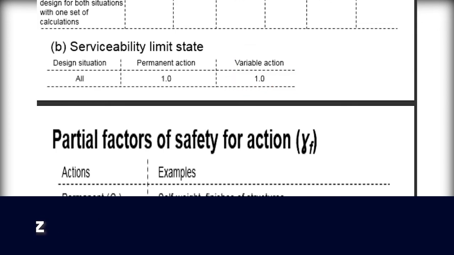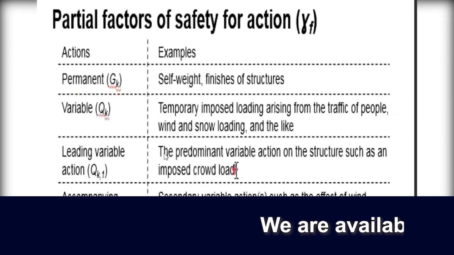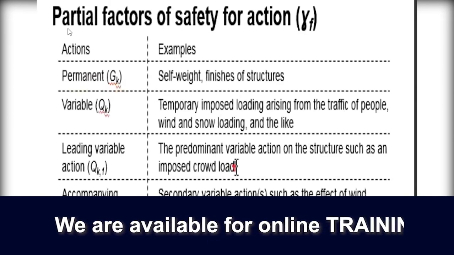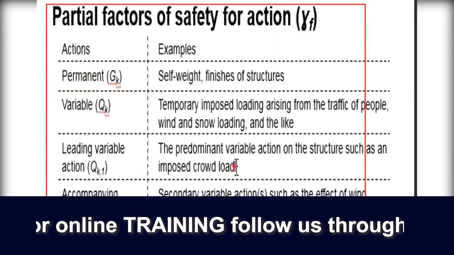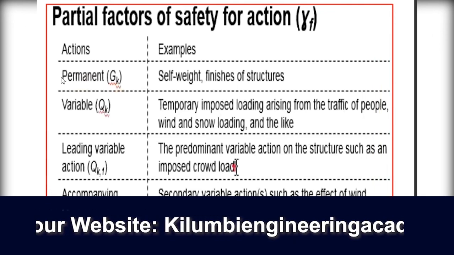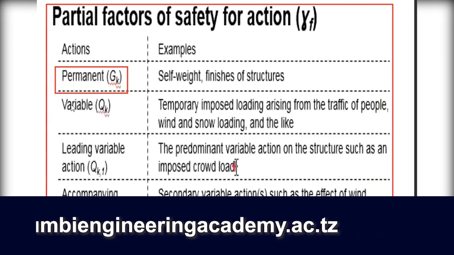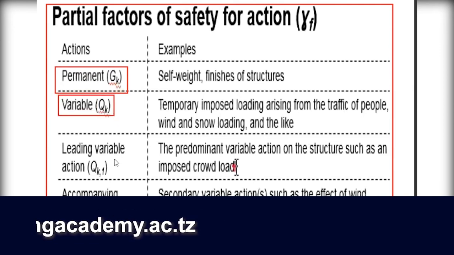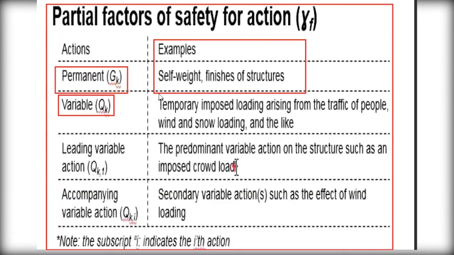So the same applies. You can take this table to know which condition, whether it is permanent, dead load, or variable load, live load, or whatever. So the situation depends on this one.